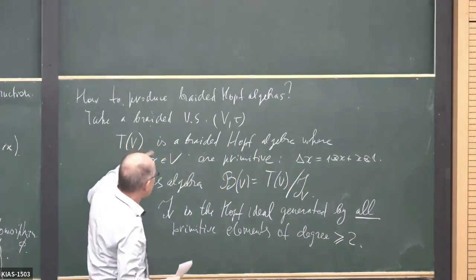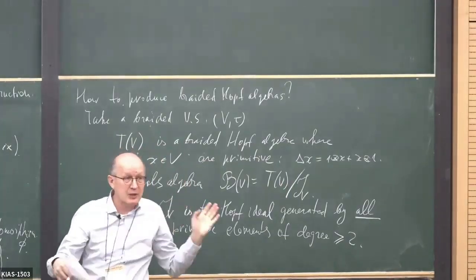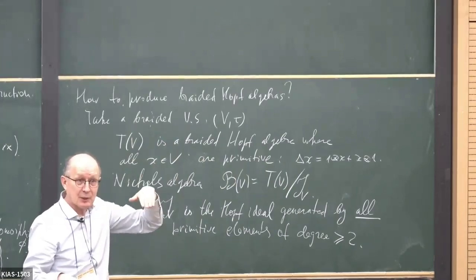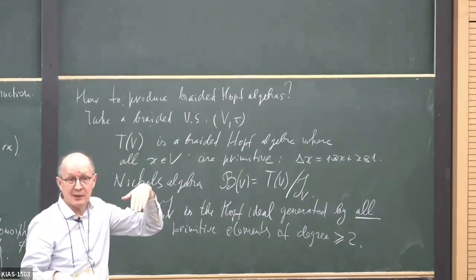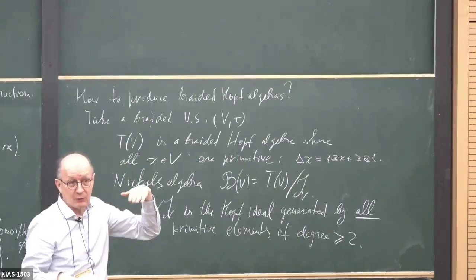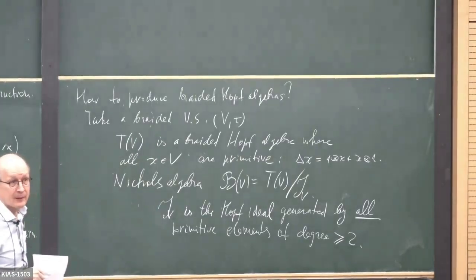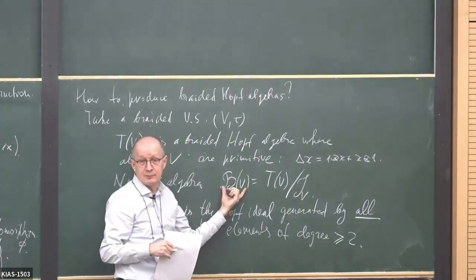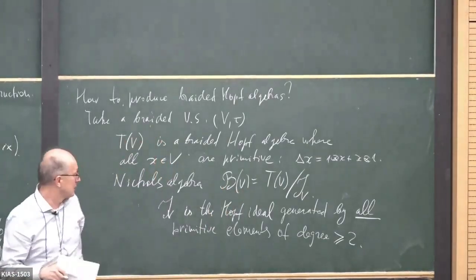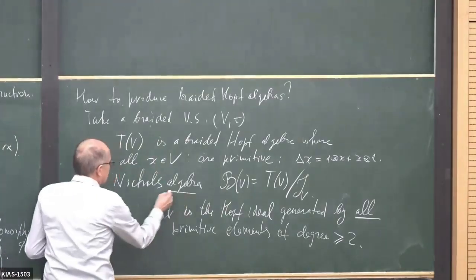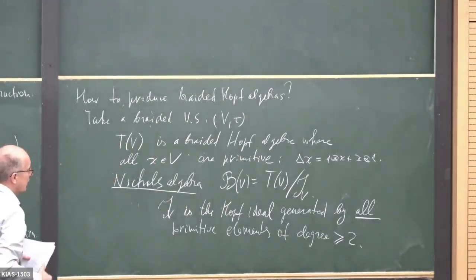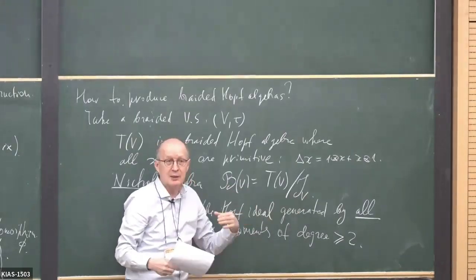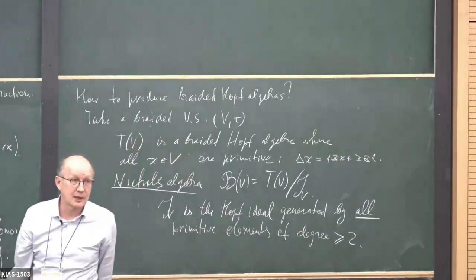Because elements of V are primitive, but we don't want to touch them. What we want is only to kill all primitive elements of higher degree. And then this is still a braided Hopf algebra. And this is uniquely defined because J_V is supposed to be the maximal ideal of this kind.